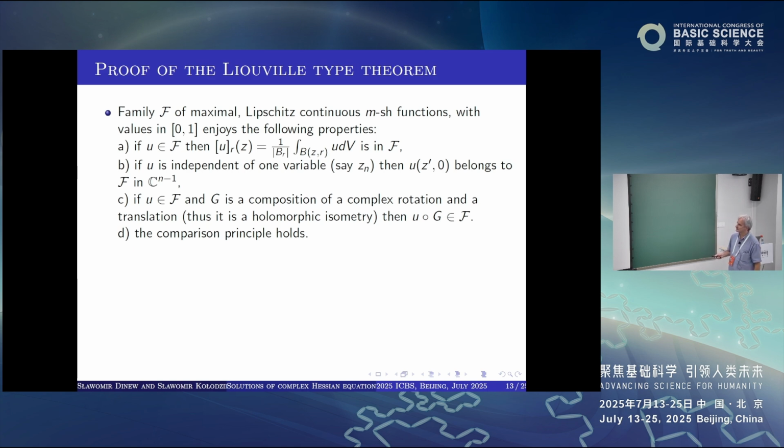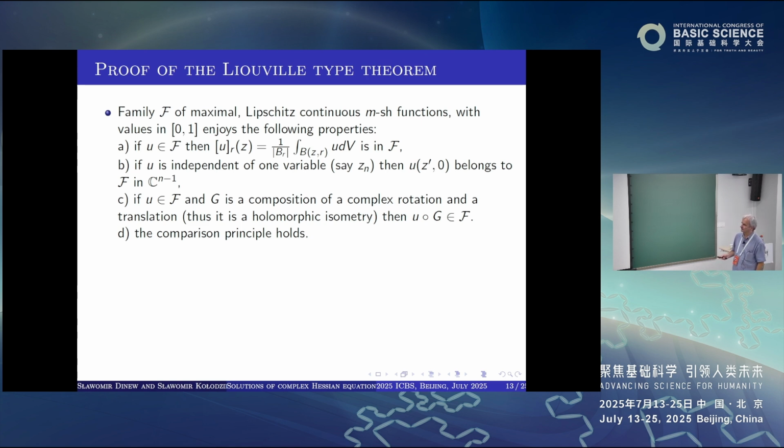Another thing which is used essentially in the proof is that if u is independent of one variable, well, it is constant in one direction, then this function also belongs to F, but of course now in a lower dimensional space.